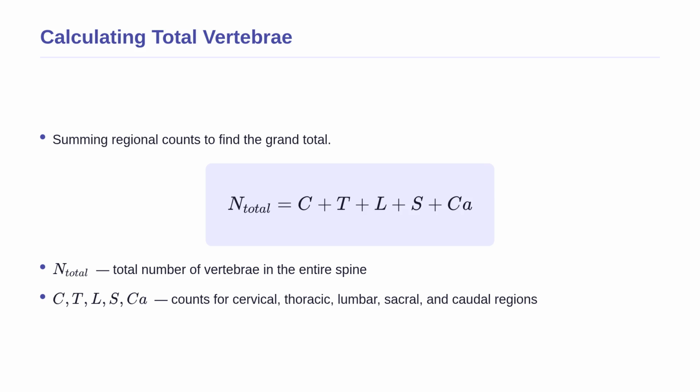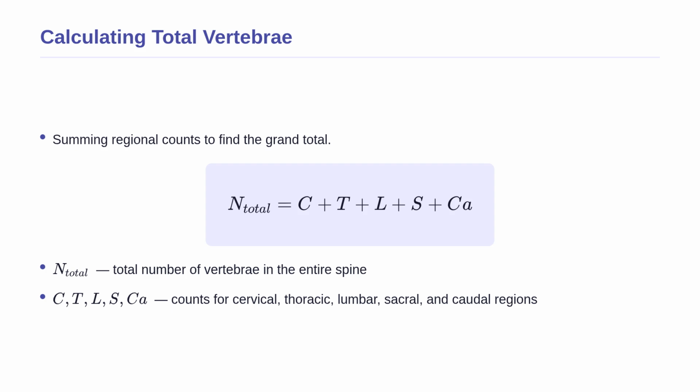This notation naturally leads us to a simple equation for calculating the total number of vertebrae in an animal. N total equals C plus T plus L plus S plus CA. Here, N total is the grand total of vertebrae in the entire spine.